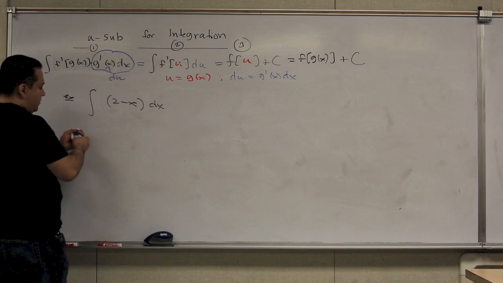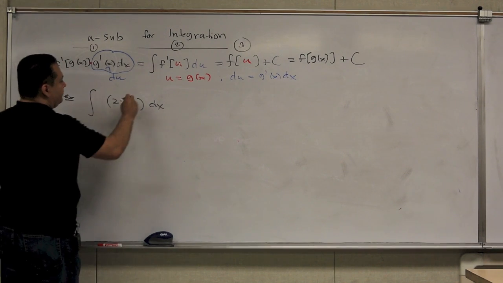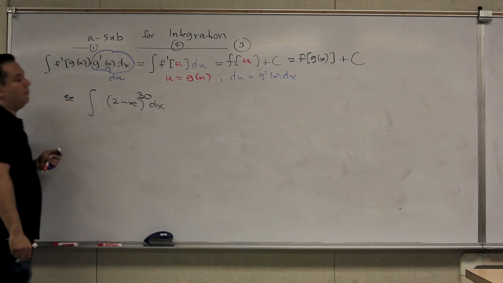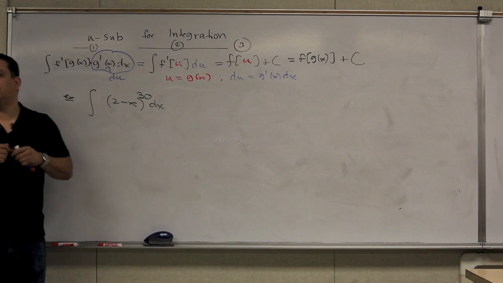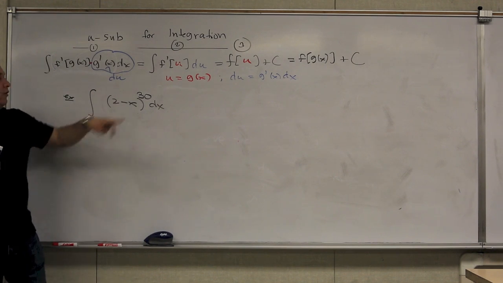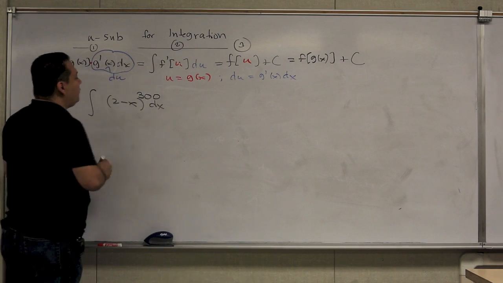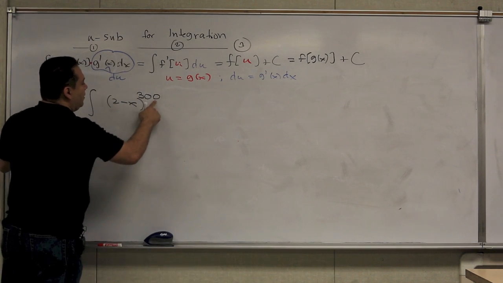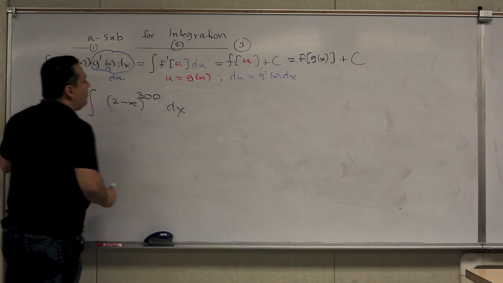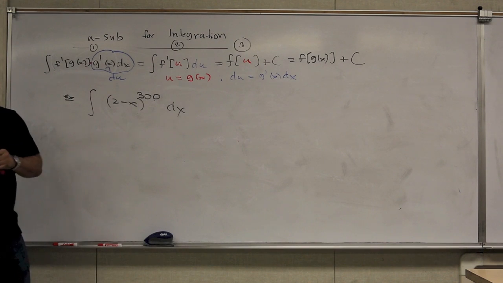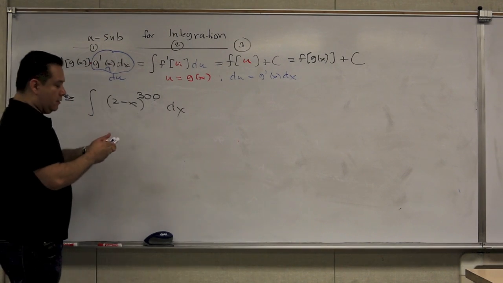All right. Do 30. You don't like 30? Do 300. What I'm going to show you doesn't matter. It doesn't matter what the power is. Okay? The power doesn't even matter here. You say, why is that?